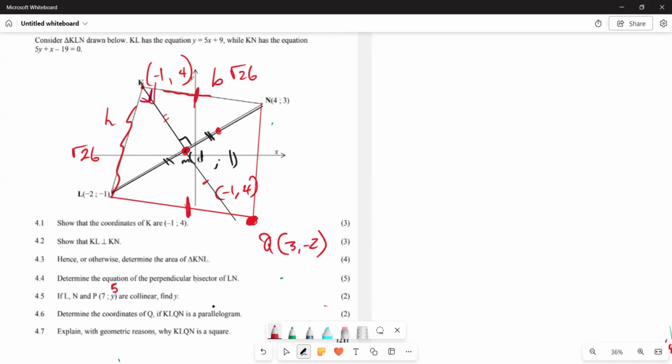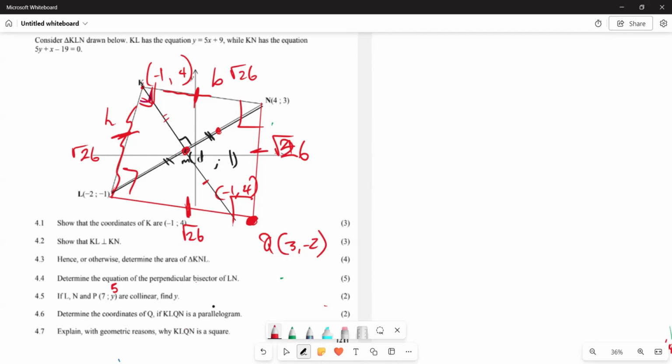So this one must be root 26, and this one must also be root 26. You can see that all of the sides are equal, and the opposite angles are also equal, because if this is 90 degrees, this is going to be 90, and this is also going to be 90. Therefore, it satisfies the characteristics of being a square.